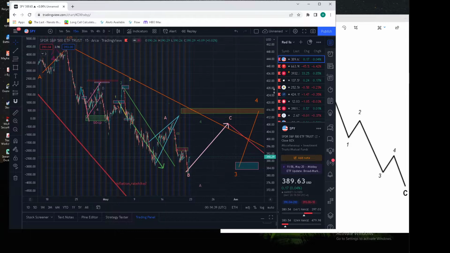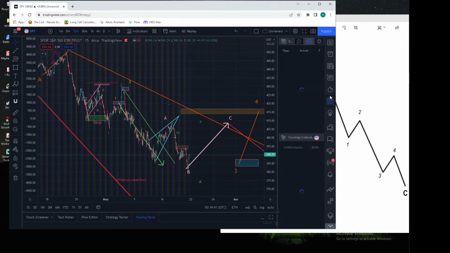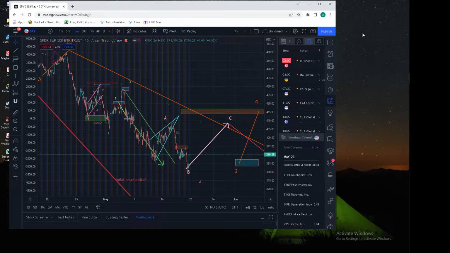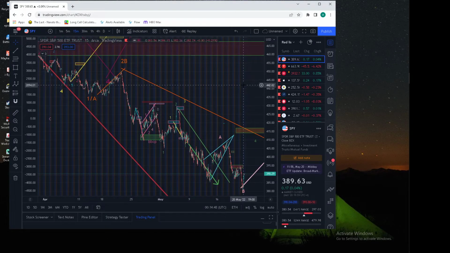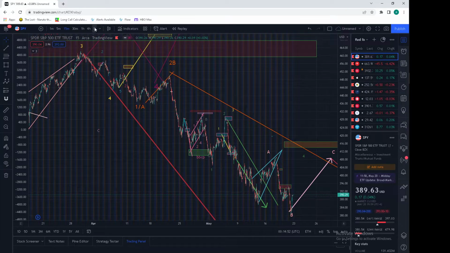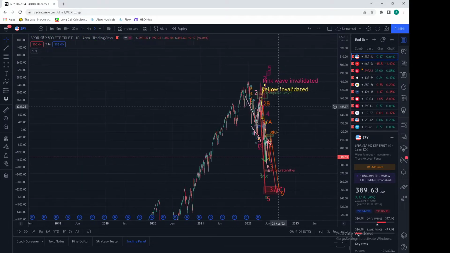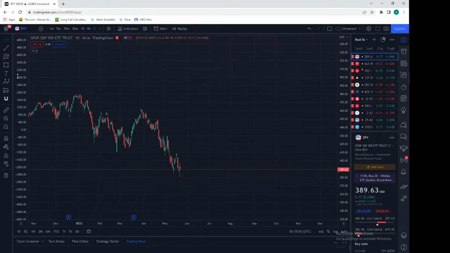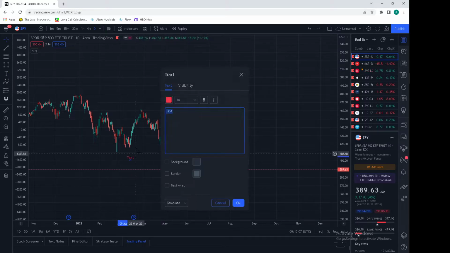So what comes after 350, I'd imagine, is that we were in a massive zigzag the whole time, and then we get a second wave up. So one, two. Well, let me map it out. This would be one.